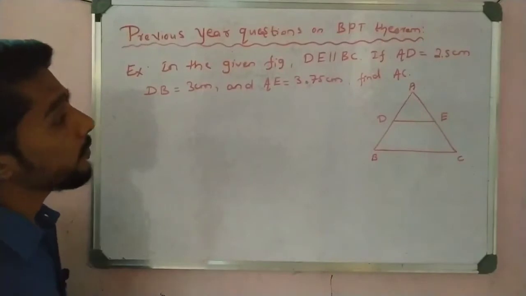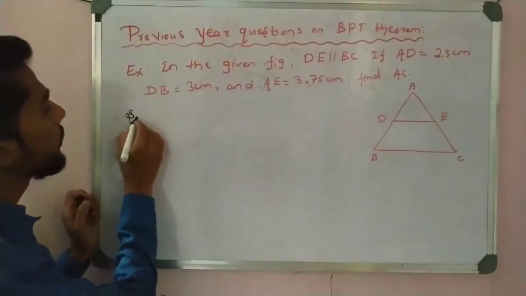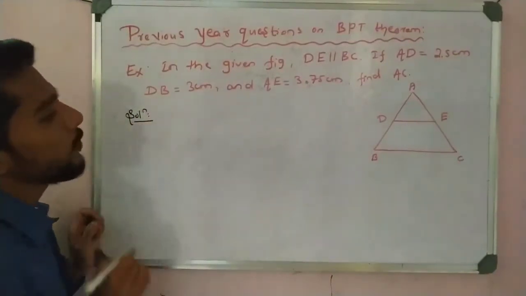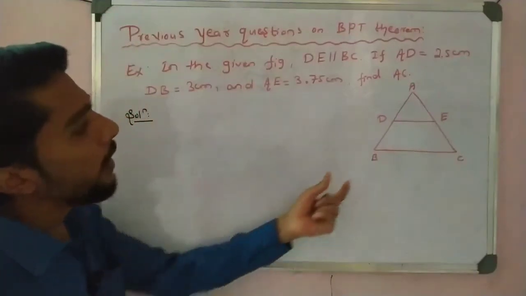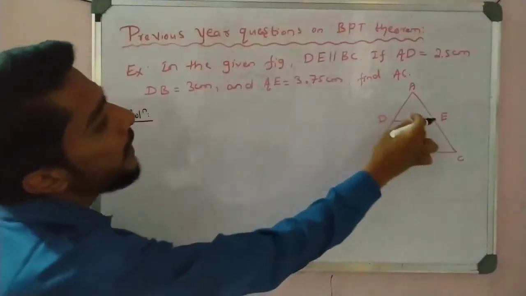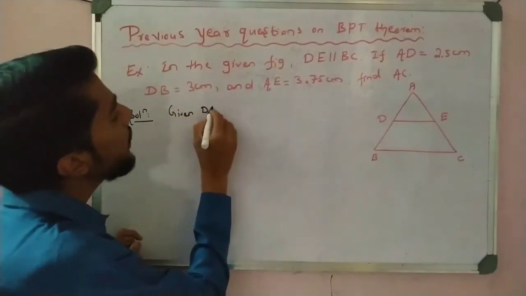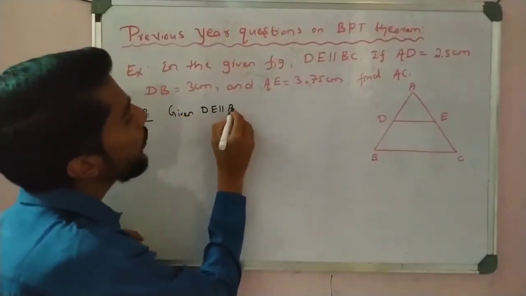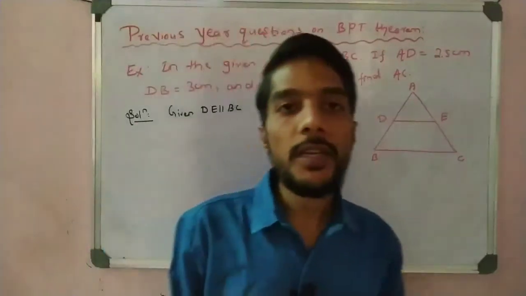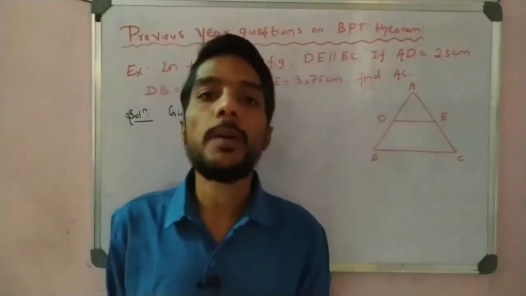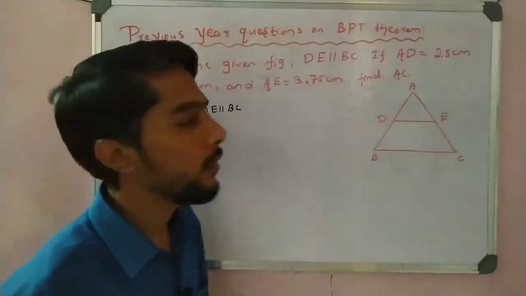Solution. What is given here? DE is parallel to BC. If DE is parallel to BC, then according to the BPT theorem, the sides are divided in proportion, in the same ratio.